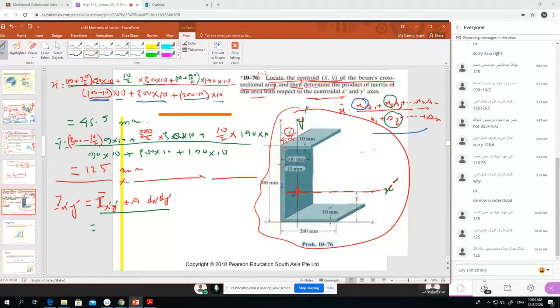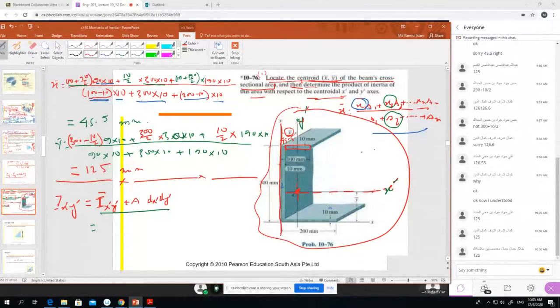Now we want to get the product of moment of inertia for this section. From this axis, where is our x bar?